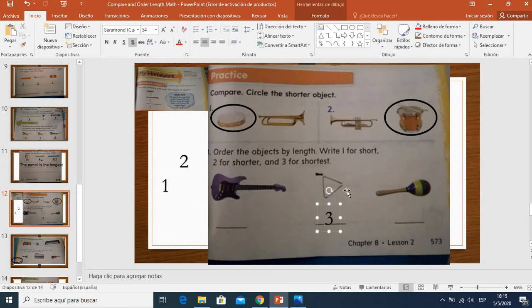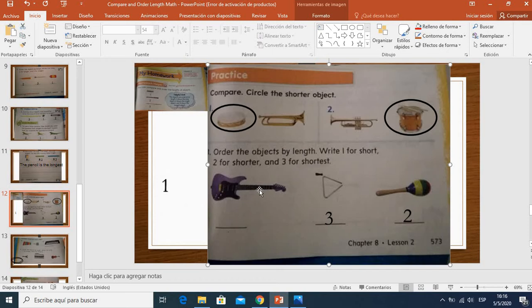Okay, now we need to find an object that is shorter than the electric guitar. Which object is shorter than the electric guitar? The maraca. Very good, the maraca. So you need to write the number 2, because the maraca is shorter than the electric guitar.